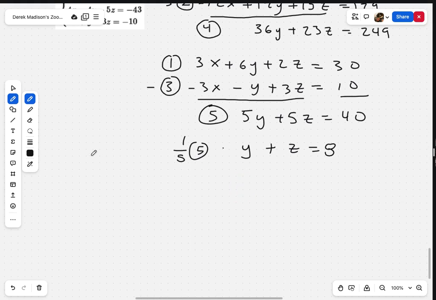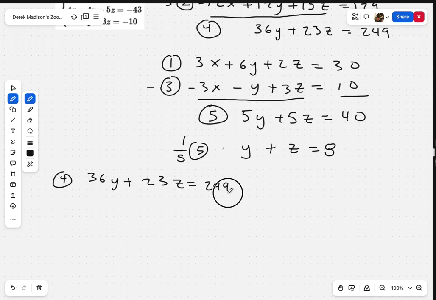So now I'm going to just copy down equation 4. So it'll be 36y plus 23z equals 249. And then I'm going to multiply equation 5 by negative 23. So when I do that, we'll get negative 23y minus 23z.